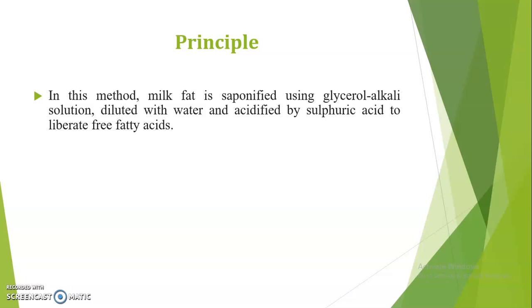Then it is diluted with water and acidified by sulfuric acid to liberate the free acids. So what happens? When the saponification is carried out, there will be formation of the sodium or potassium salt of that particular free fatty acid.